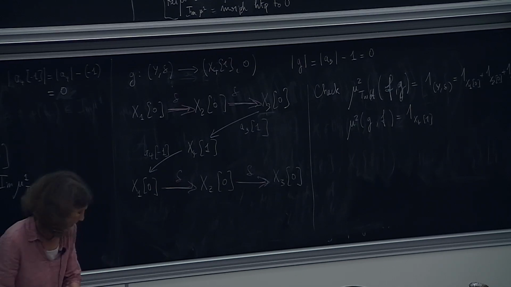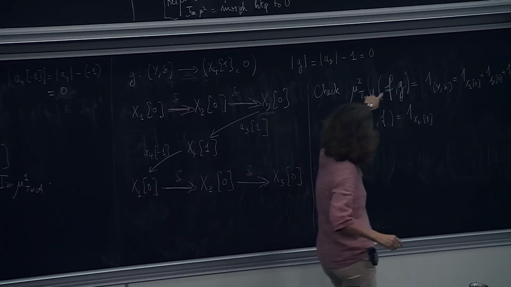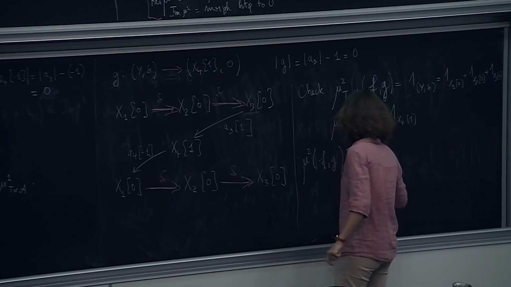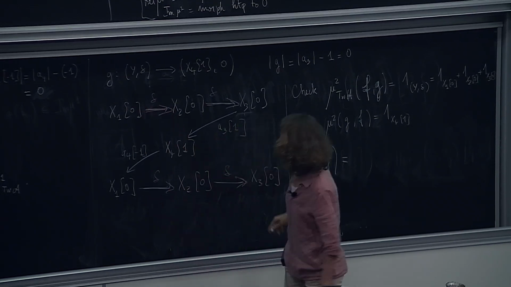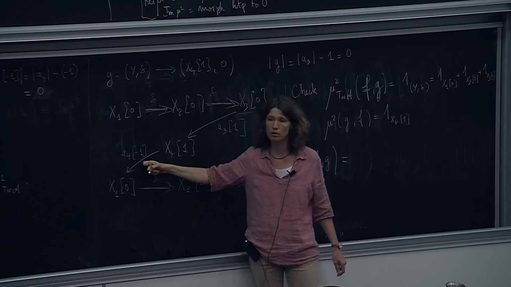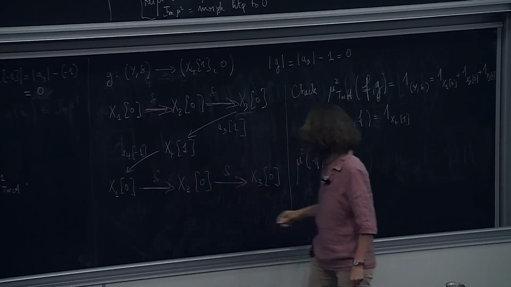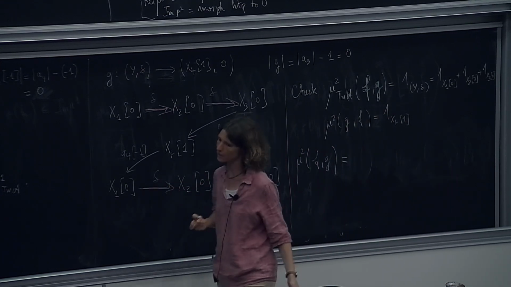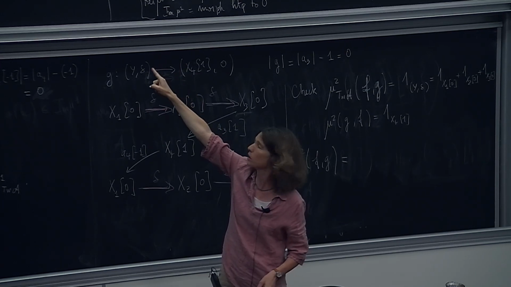But then when I compute mu2 of F and G, if I use this formula, I could compute mu2 of A3, A4, but this is 0. So this is mu2 of these two, but this is 0. But what I can do is put deltas wherever I can.